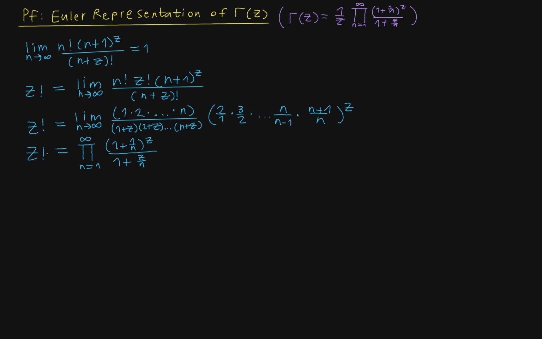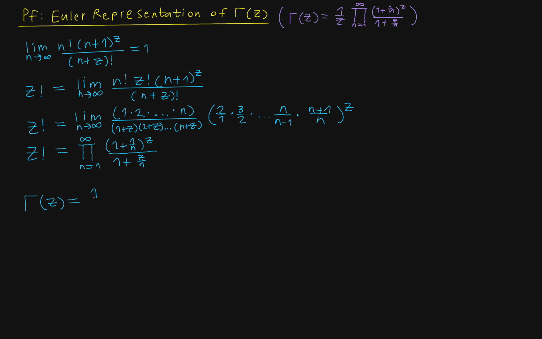And now we know that z factorial is equal to gamma of z plus 1. So gamma of z plus 1, by the functional equation, is z times gamma of z. So we can already write it now. If we divide by z on both sides, then we get what we want.